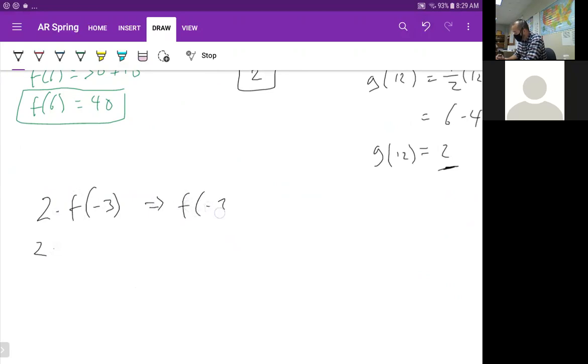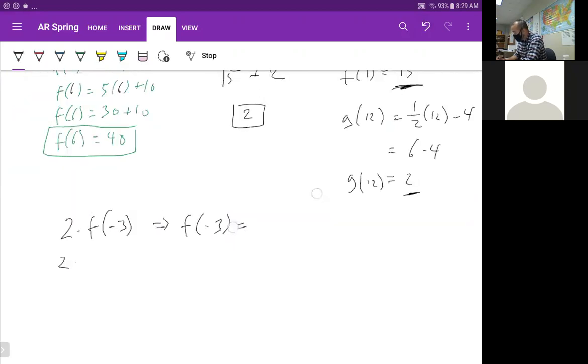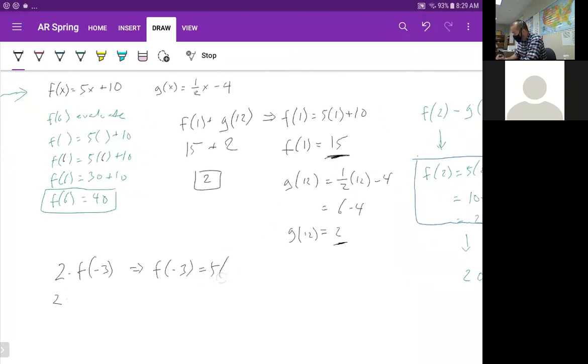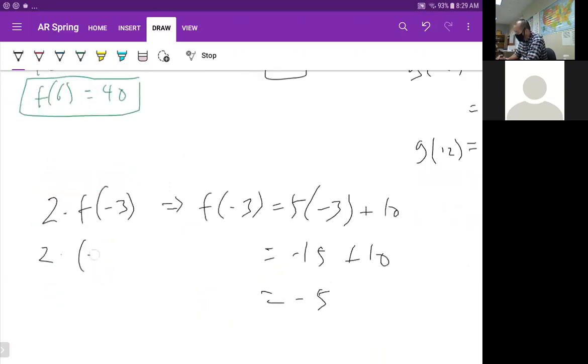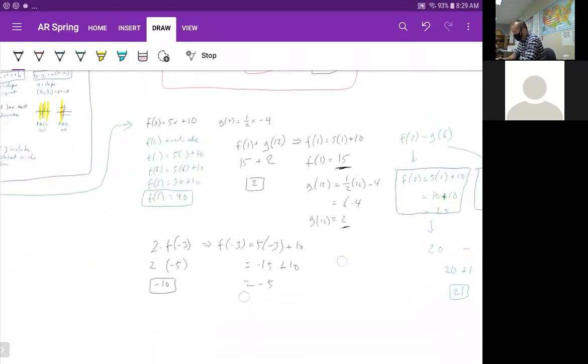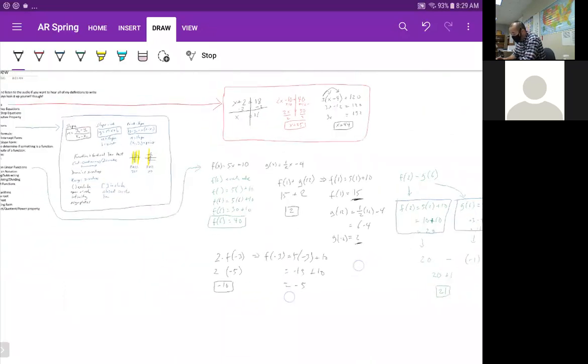F of -3 equals 5 times -3 plus 10. So that's going to be -15 plus 10, which is -5. Okay, so this is -5. So the answer is -10. Works the same for dividing. You do the steps and then you have it multiplied by the fraction or whatever.